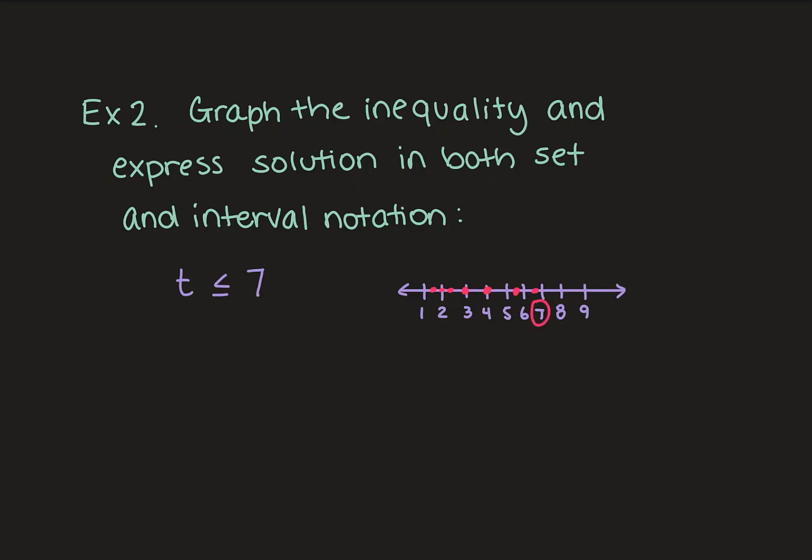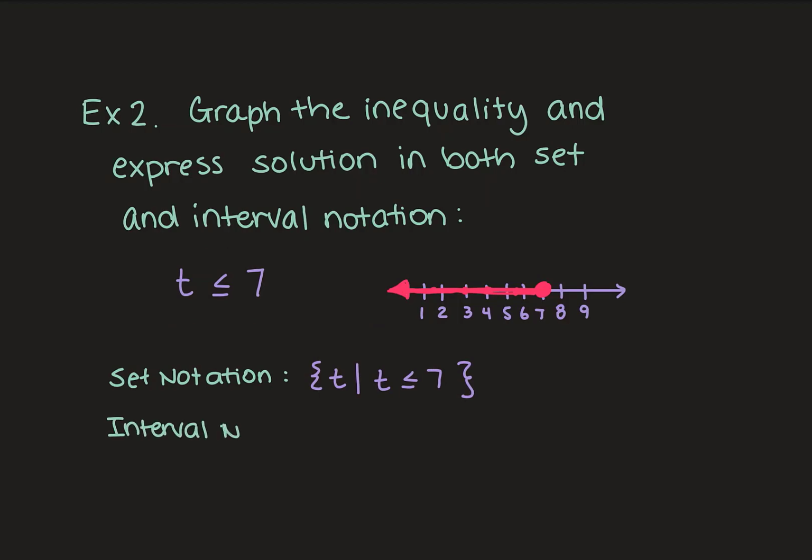If we plug this value in for t, we get 7 is less than or equal to 7, which is a true statement. Now we place a closed circle at 7 and we shade everything to the left. Okay, so now for set notation, we have the set of all values of t such that t is less than or equal to 7.